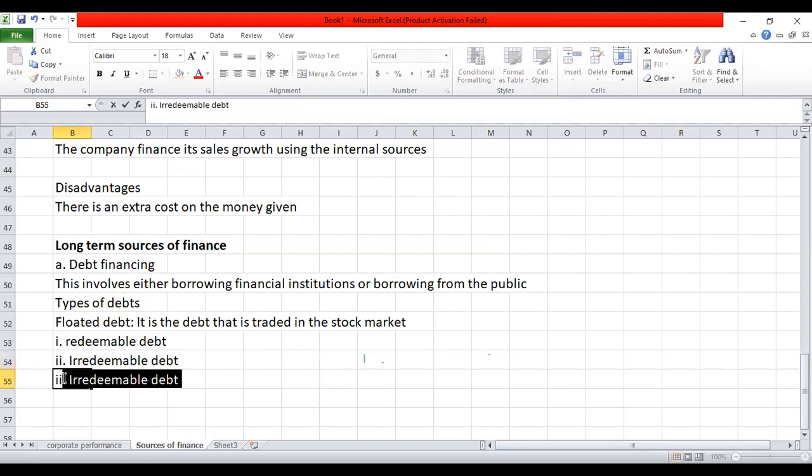And we also talked about the convertible debt. I think these debts, we talked about them in the cost of capital. They are well defined. I can just refer you to where we wrote our notes in the cost of capital. You'll find the definitions of these debts.